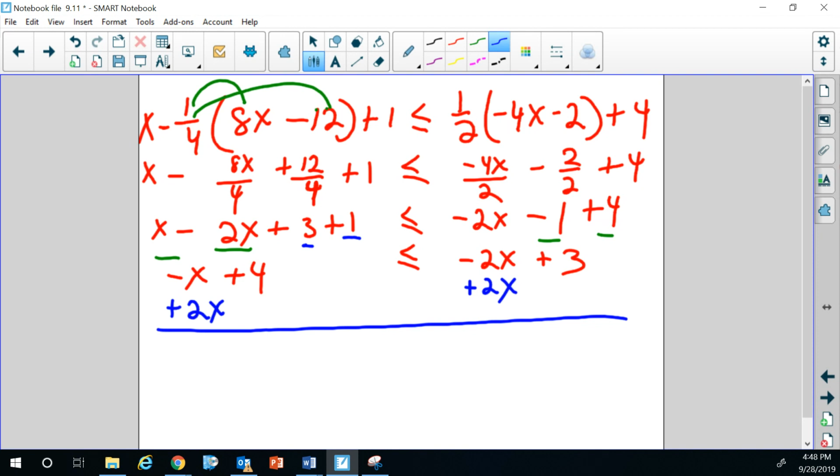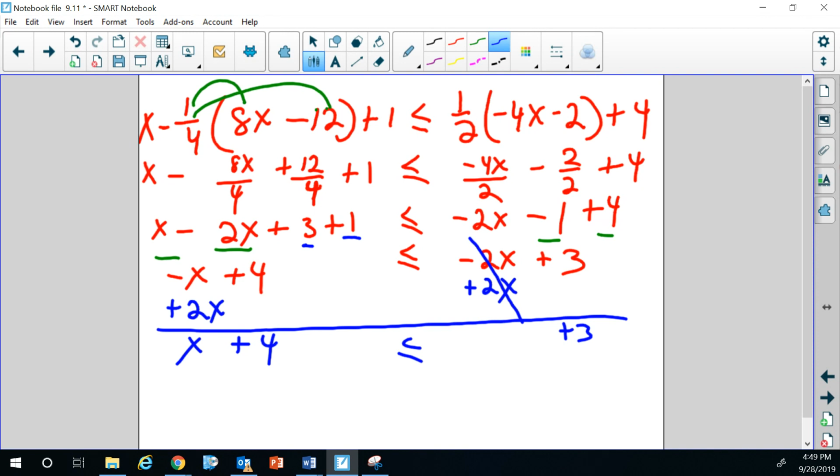So this goes away. Bring down my plus 3. On my left side, negative x plus 2x is just x, and I bring down my plus 4. My signs stay the same.